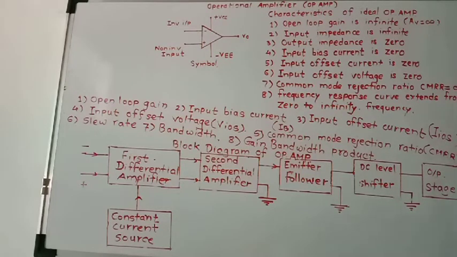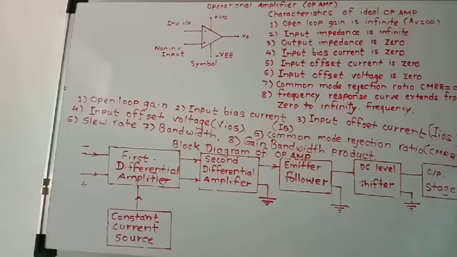In an operational amplifier, since there are a large number of stages cascaded, the gain is increased and becomes very large, and the DC voltage levels become nearly equal to the supply voltage.